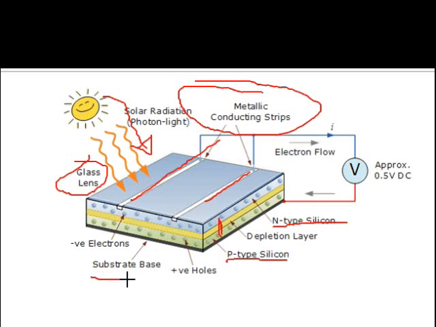Now here we see the base. The base is also made with the help of some metallic, conducting material, so that we can take the current which is generated at the cell to the external grid.